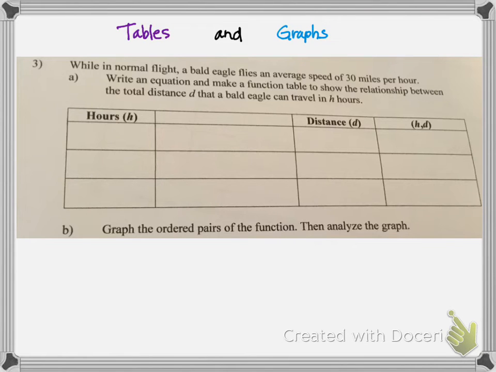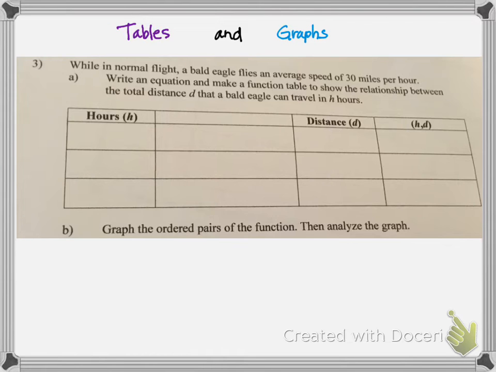Okay, so on this one, it says, while in normal flight, a bald eagle flies an average speed of 30 miles per hour. Write an equation and make a function table to show the relationship between the total distance D that a bald eagle can travel in H hours.